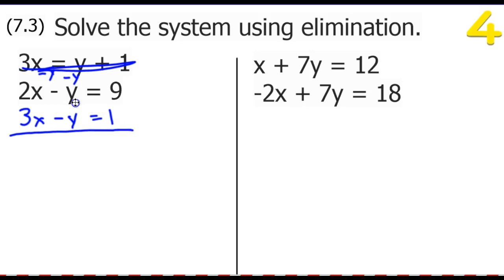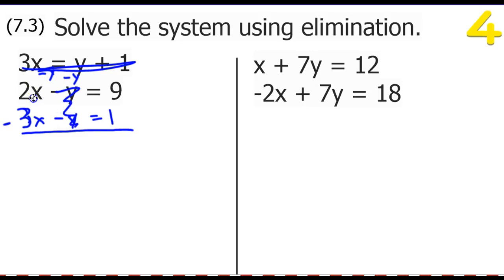Now we need to either add or subtract to eliminate one of these. I can't add or subtract anything from 2 and 3 to eliminate them, but I could subtract negative y minus y, which would eliminate our y's.